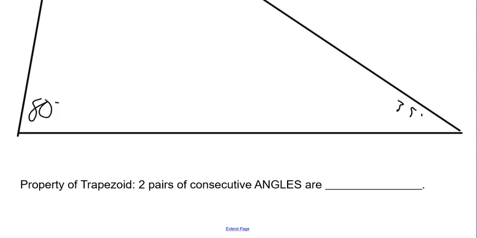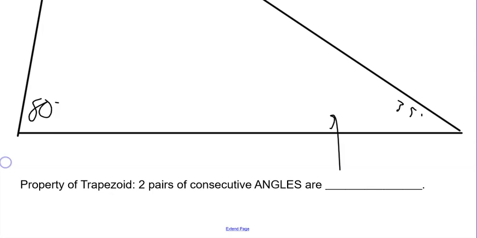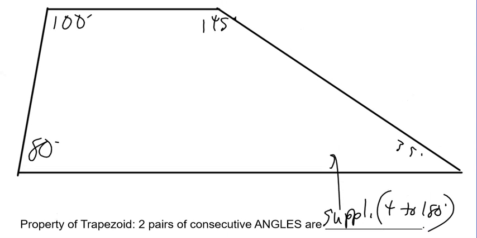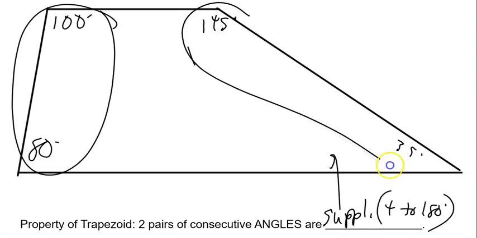In trapezoids, two pairs of consecutive angles are supplementary, which means they add to 180 degrees. So if you notice in this picture, these two add up to 180, and those two add up to 180.